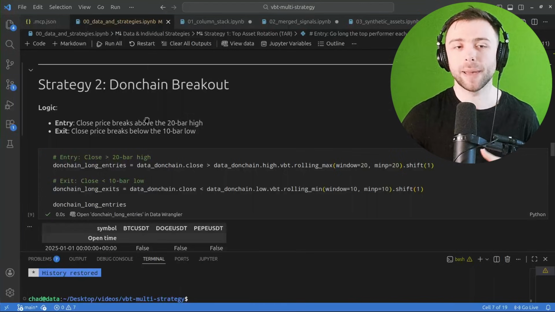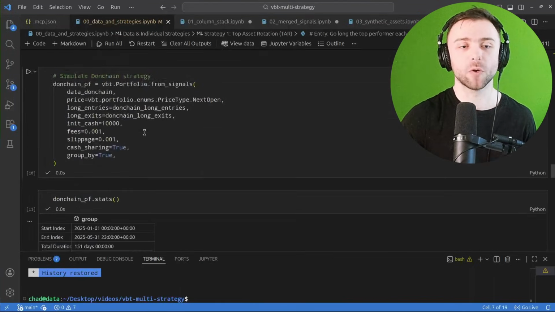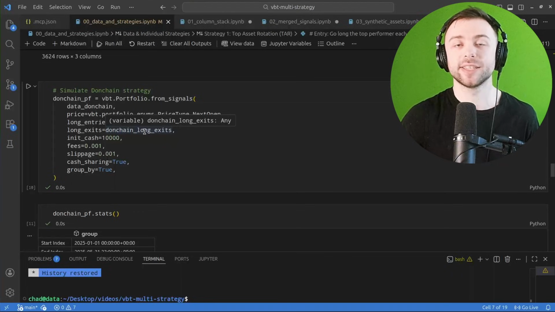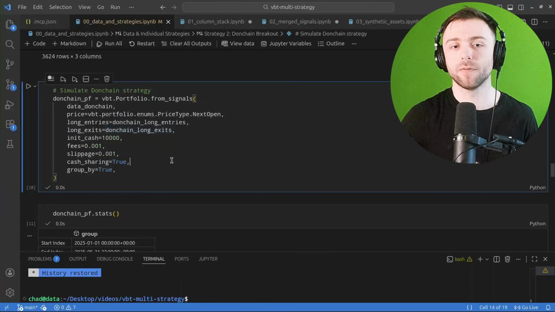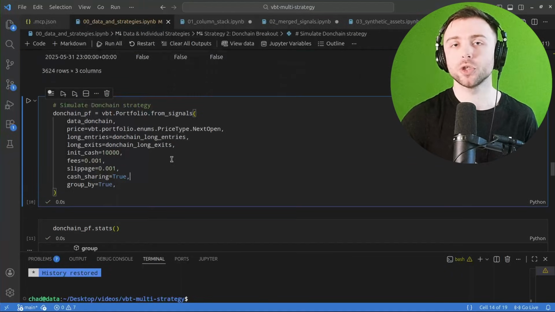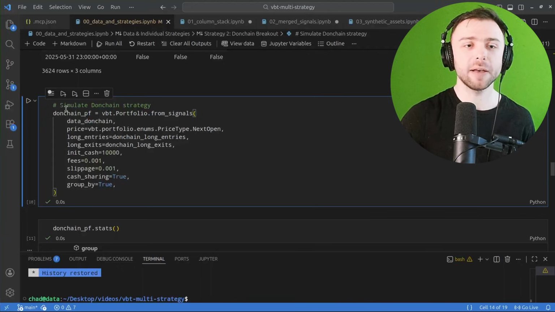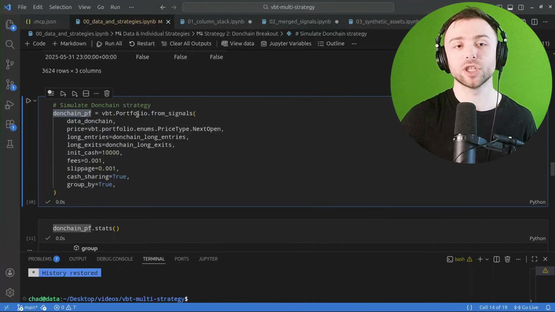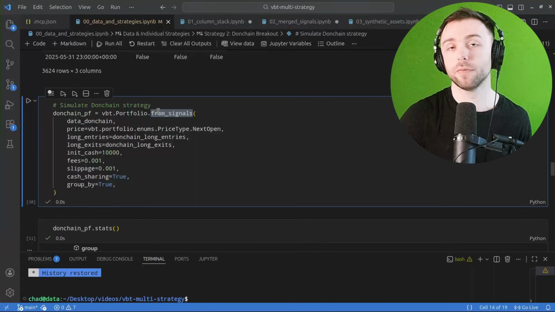Now, the first method I'm going to show here for extracting statistics from this combined portfolio is simply to do manual analysis. So we have these portfolio objects which are generated by our backtest. This function performs our backtest here, vbt.Portfolio.from_signals.